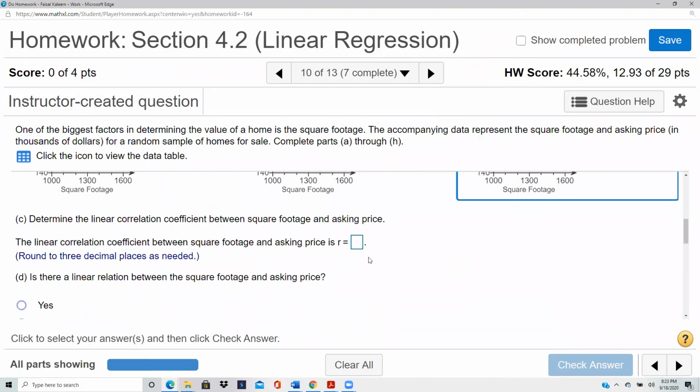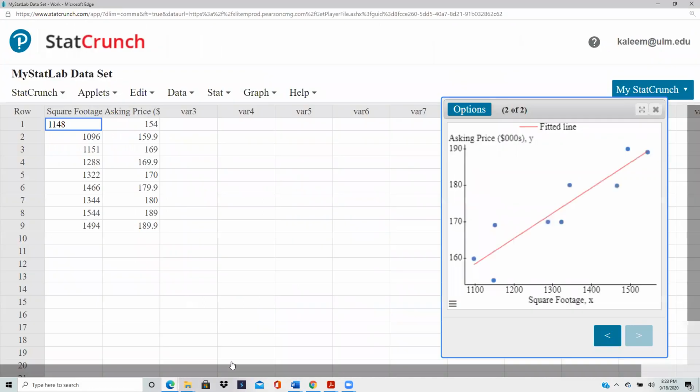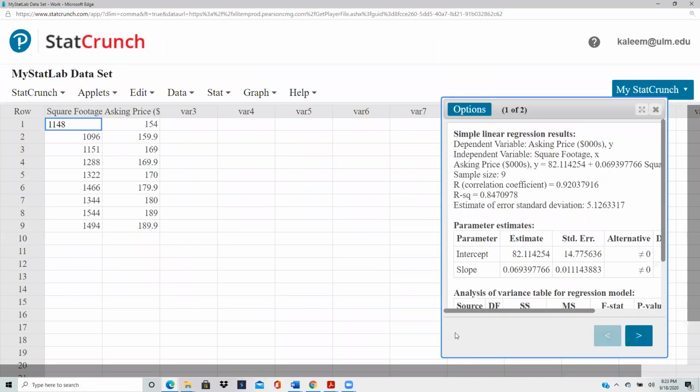Determine the linear correlation coefficient, and that screen also has a linear correlation. Remember when we started correlation, I was saying that there are two ways. One is stats, summary stats, and correlation, but I never used that, because that one only does correlation, whereas this one does everything.